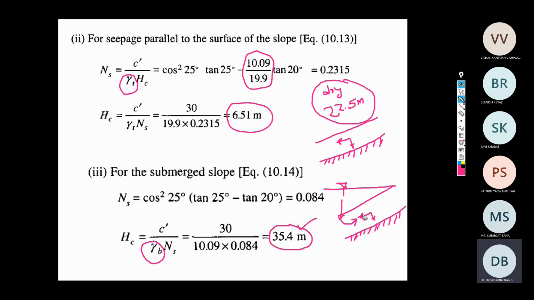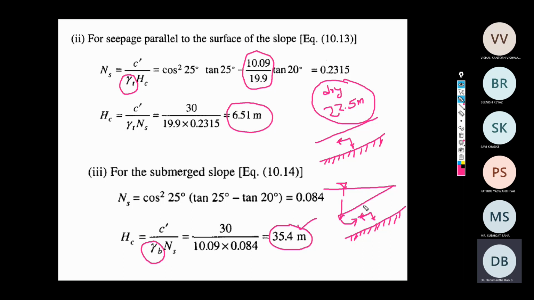Because of this counteraction by the water, we can go for higher height than the dry condition. So I repeat, in case of the dry condition, there are only two components of the forces, which are normal and tangential to the sloping face.